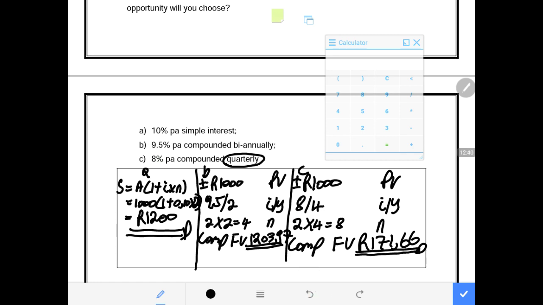So now this is the value of the investment at 8% per annum compounded quarterly, and it's 1000 that was invested. And we can say that although the interest rate is less, because of the frequency of compounding in a year, we end up earning a higher interest, having the bigger amount at the end of the period of 2 years, because every 3 months we get interest, we add it to the capital, and every 3 months we get interest, we add it back to the balance we had at the beginning of the period.